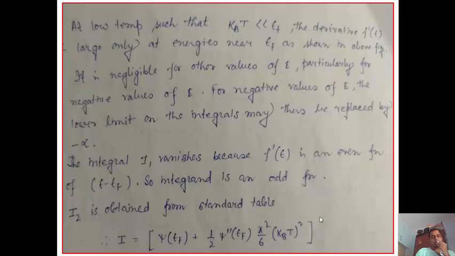At low temperature, such that kBT is much less than epsilon f, the derivative f prime (epsilon) is large only at energy near epsilon f. So putting all these values, we get the total integration I equals psi(epsilon f) plus half, the second term was 0, and the last term is this.